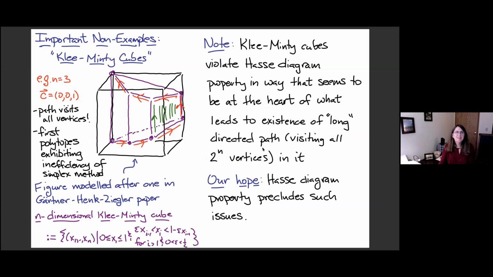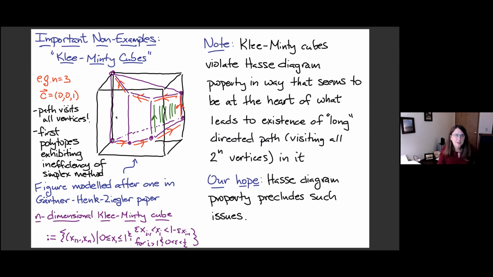On the other hand, the Klee-Minty cube is famous as the first example showing that the simplex method could work really, really badly. I've drawn in purple and red here a way of realizing a three-dimensional cube inside a standard cube. I basically lifted this picture out of a paper of Gärtner, Henk, and Ziegler.